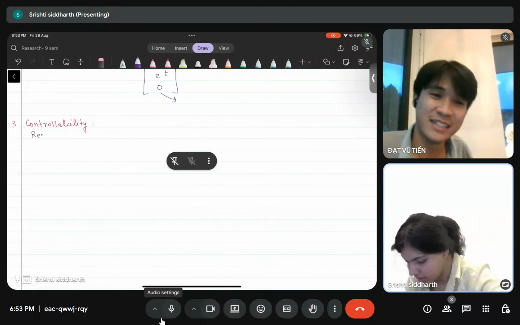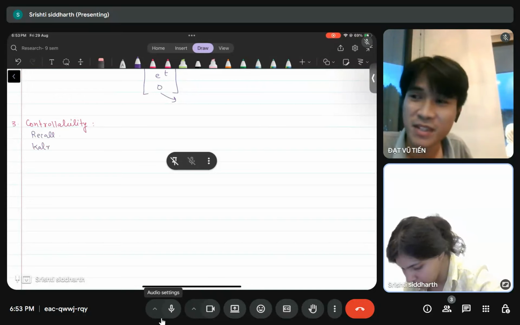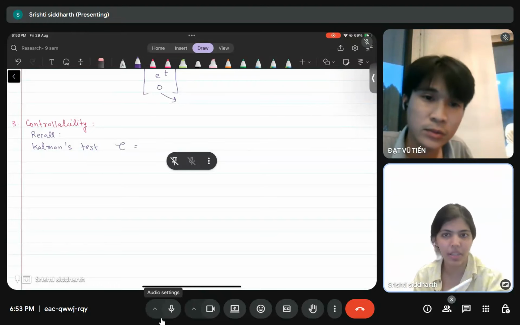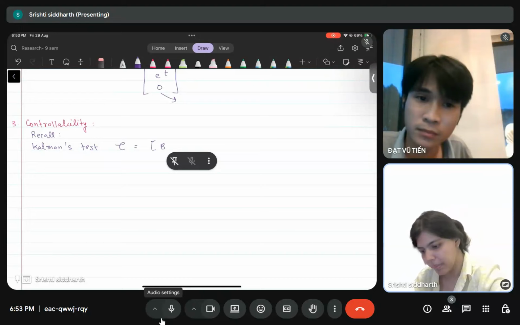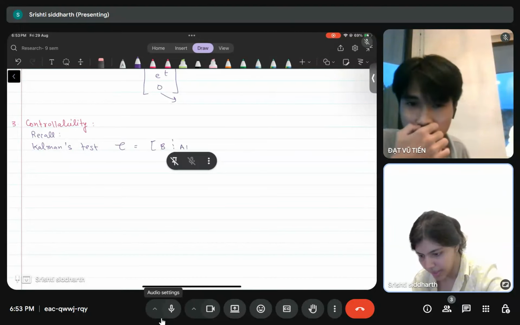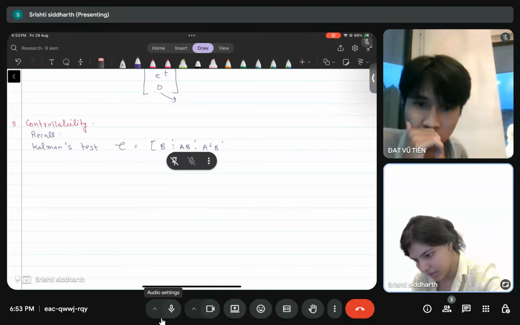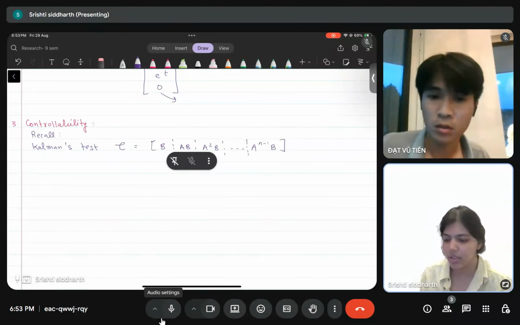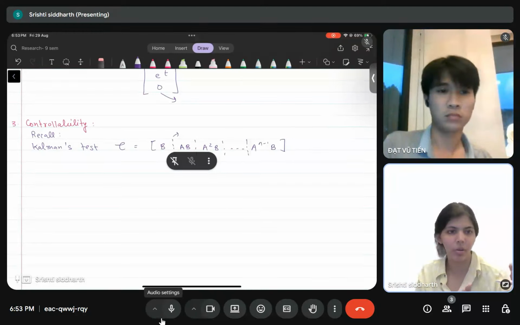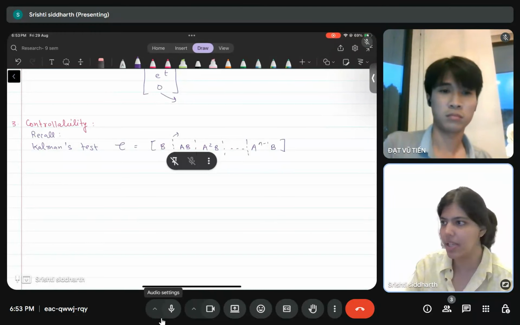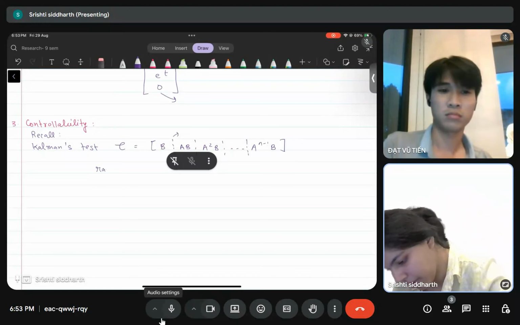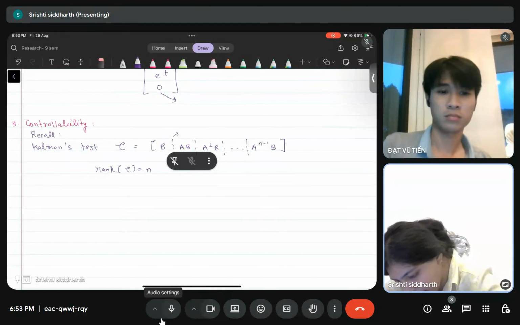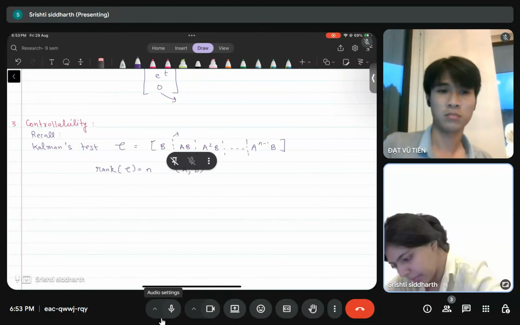The first one is Kalman's matrix, in which we find this matrix script C. This is B, then AB, A squared B, till A to the power n minus 1 B. I'm just combining all of these and writing them down in the matrix C. If the rank of this matrix is equal to the order of the system, then we say that the system is controllable, or the pair AB is controllable.